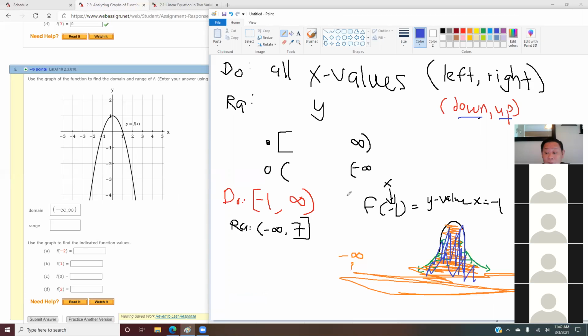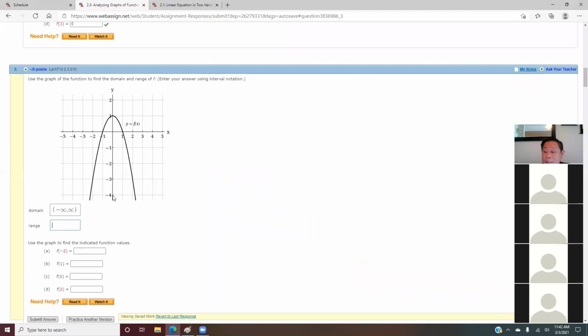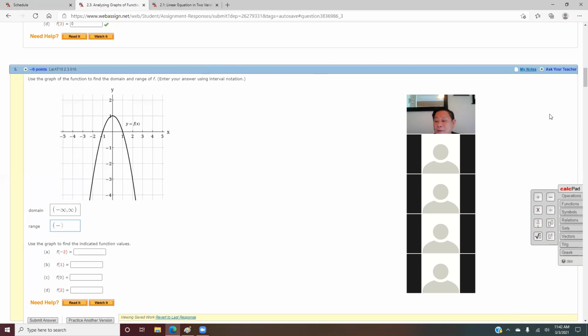Negative infinity. Yep, not just infinity, it's negative infinity, because it goes all the way down.